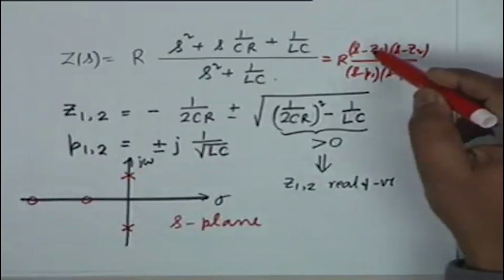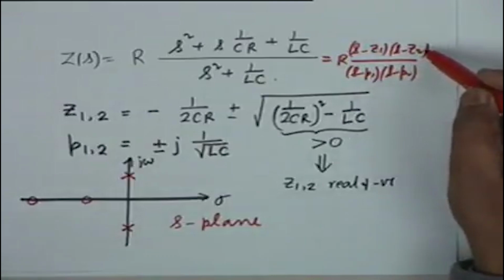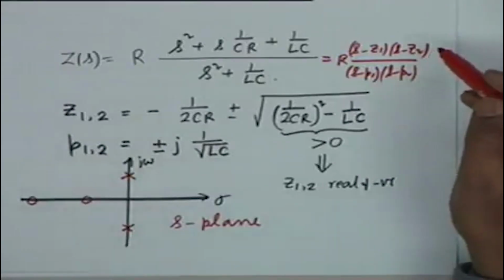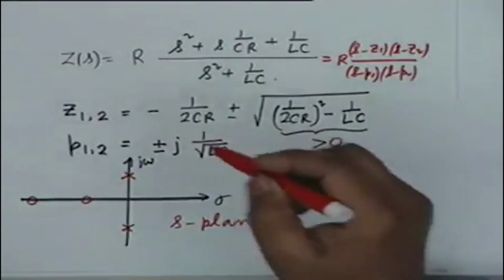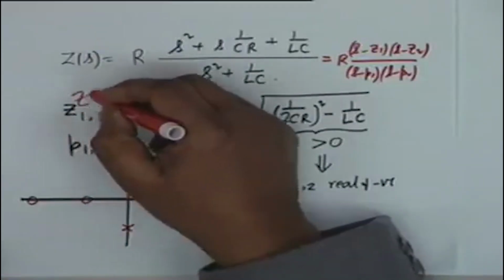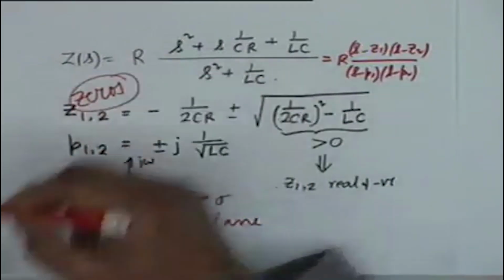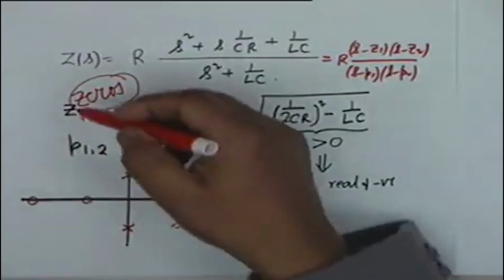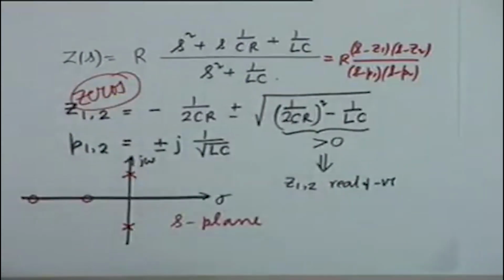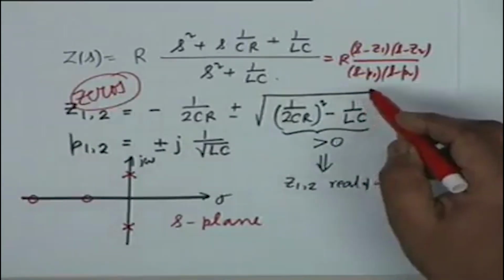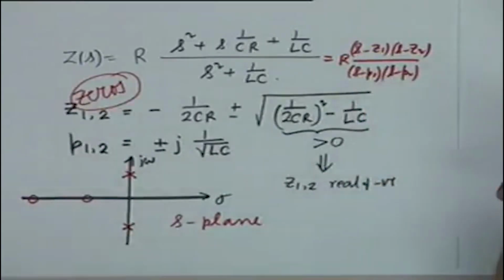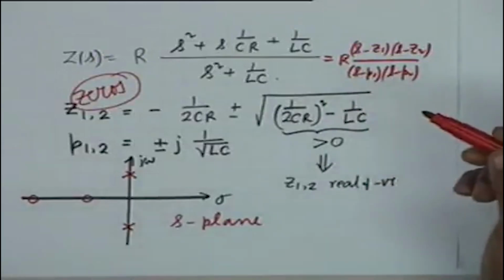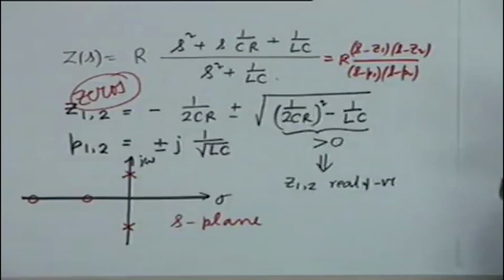And therefore z1 and z2 are called the zeros of the impedance function, and that's why we use the symbol small z for zeros. On the other hand, when S takes a value p1 or p2, the impedance function becomes infinite, it blows up.